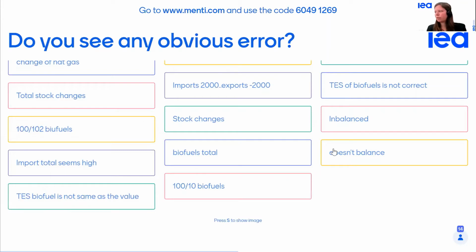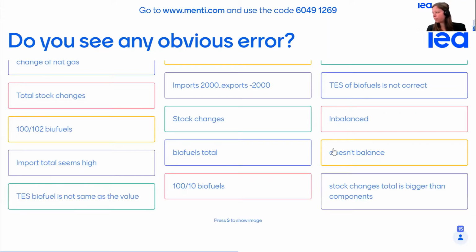Yes, so we have a lot of mentions of the biofuels and of the stock changes. I'll wait a bit more because we only have 16 respondents.